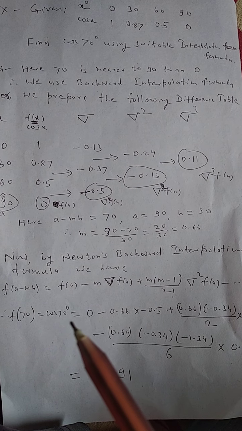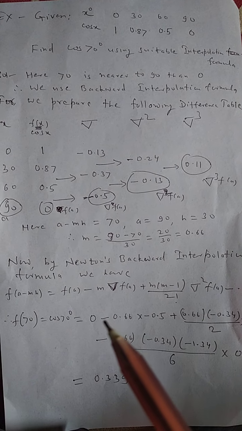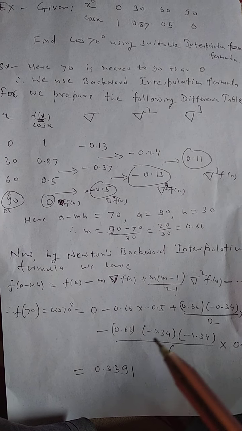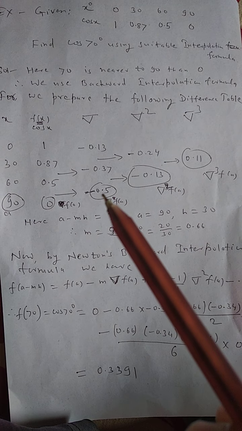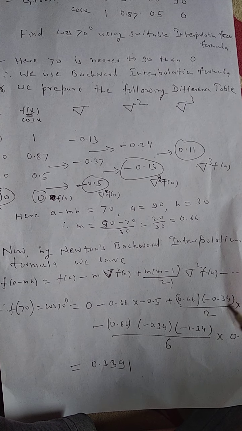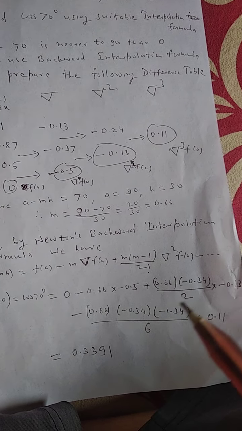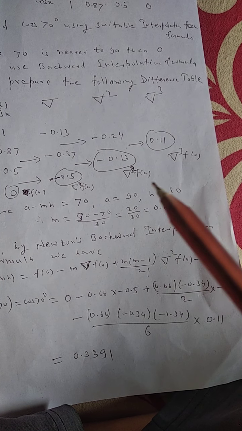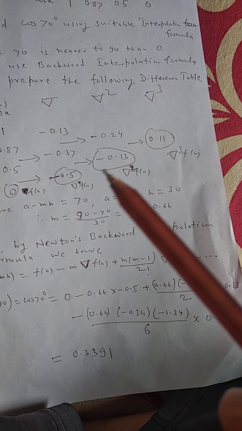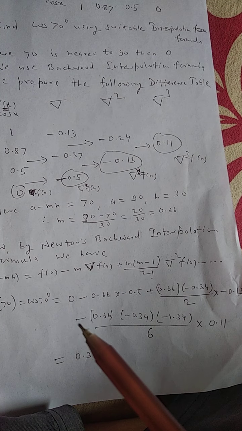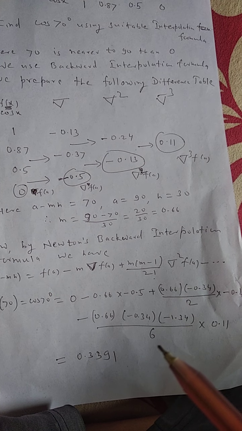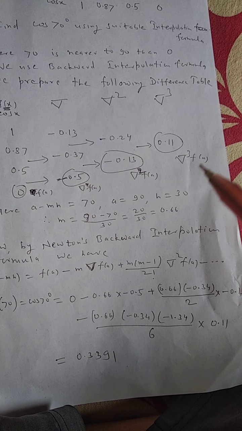So f70, that is cos 70, equal to fa minus m del fa, that is 0.66 into minus 0.5, plus 0.66 m into m minus 1, minus 0.34 into 2 into 0.13, minus 0.13 into minus 0.13, that is del square fa, minus m into m minus 1 into m minus 2 divided by 3 factorial is 6, into del cube fa.